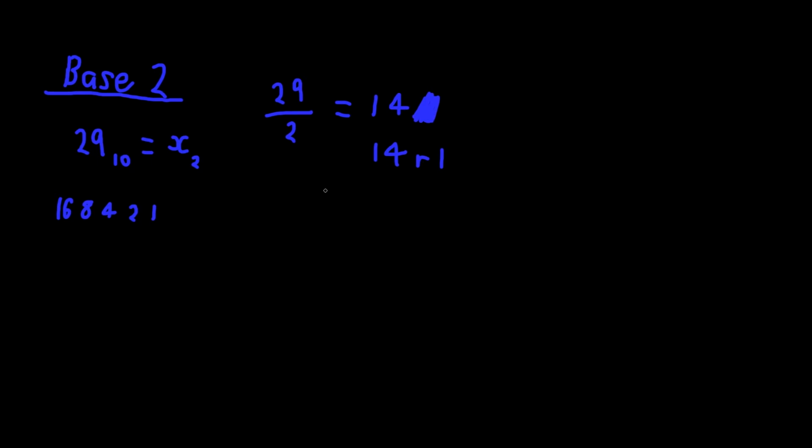So what we get is 14 for the next iteration, and a remainder of 1. So what do we actually do with this? Let me write it below. We take the 14 and write it as the next thing to divide by 2, and we take the 1 and put it as part of the answer. It goes here in the ones place.